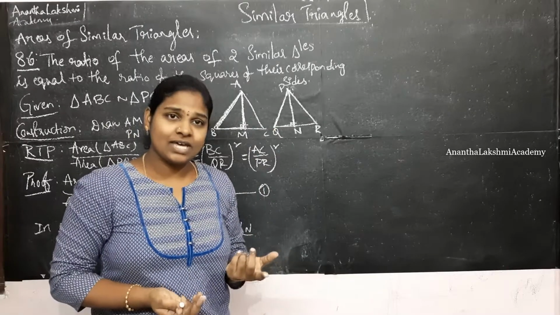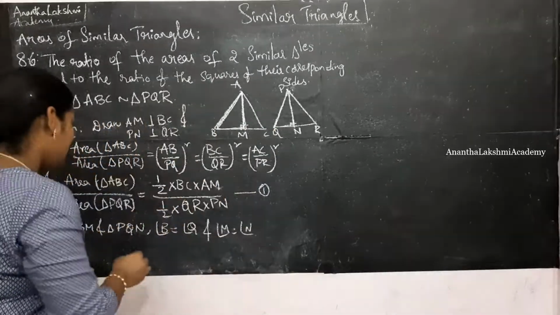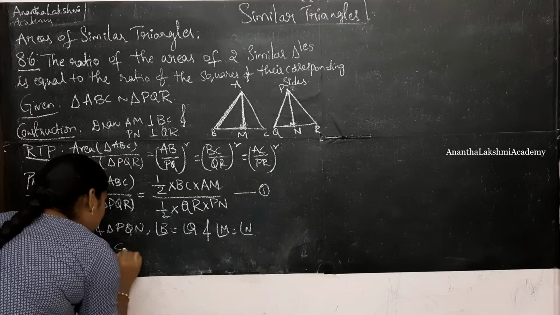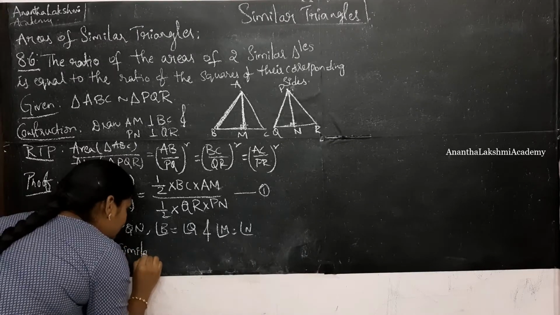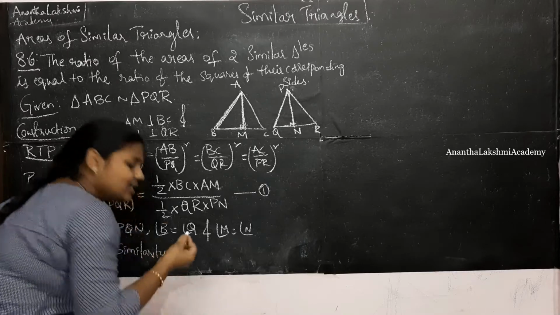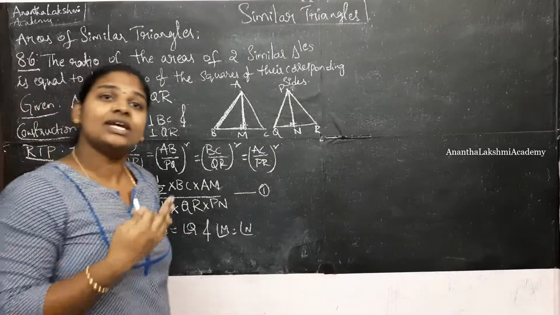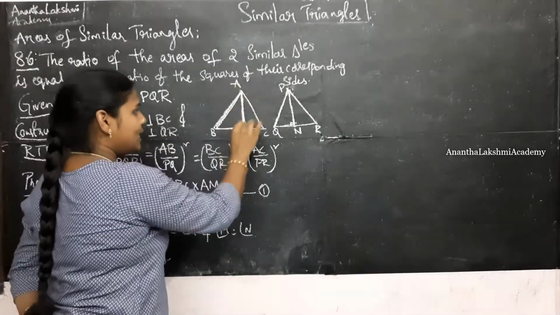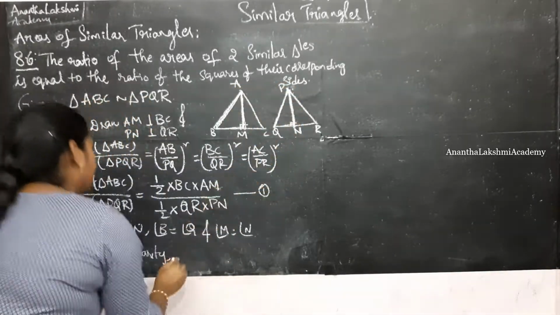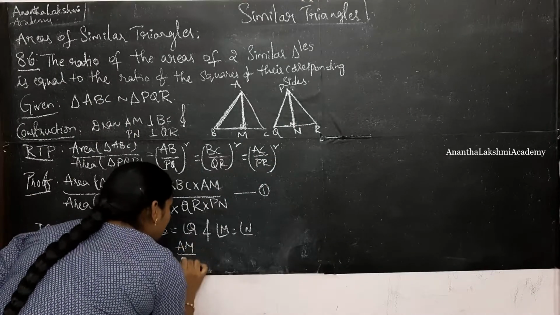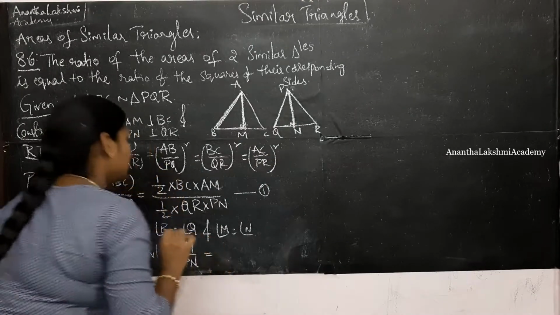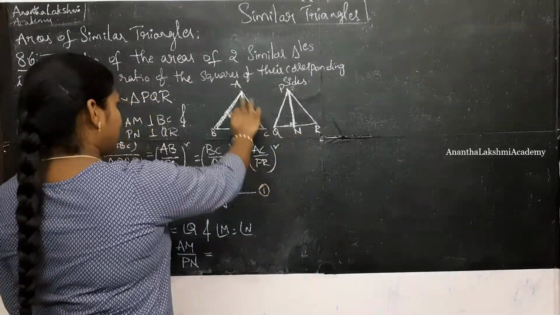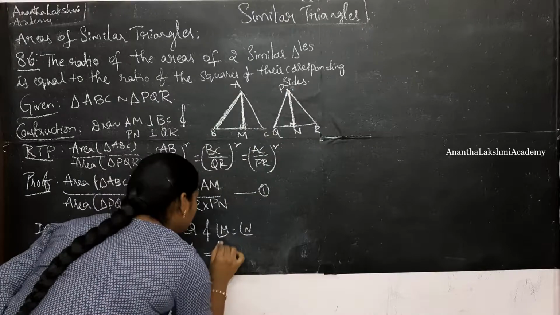What is the similarity we have? AA similarity. By AA similarity, when two of the angles are equal, the sides are proportional, which means their corresponding sides have equal ratios. So now I am going to write AM by PN is equal to AB by PQ.